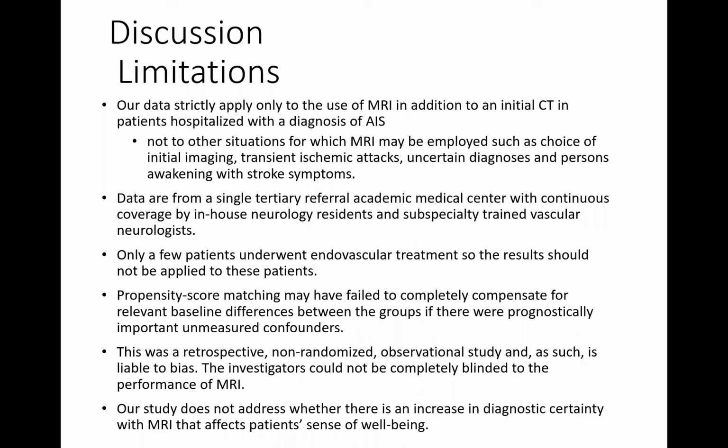But the problem is if there are unmeasured covariates that are important, as with all non-randomized trials, if they are prognostically important and unmeasured, that may be a flaw. This wasn't completely blinded. Obviously, going back to the chart to see who lived and who died and the follow-up, you would come upon who had an MRI or not.